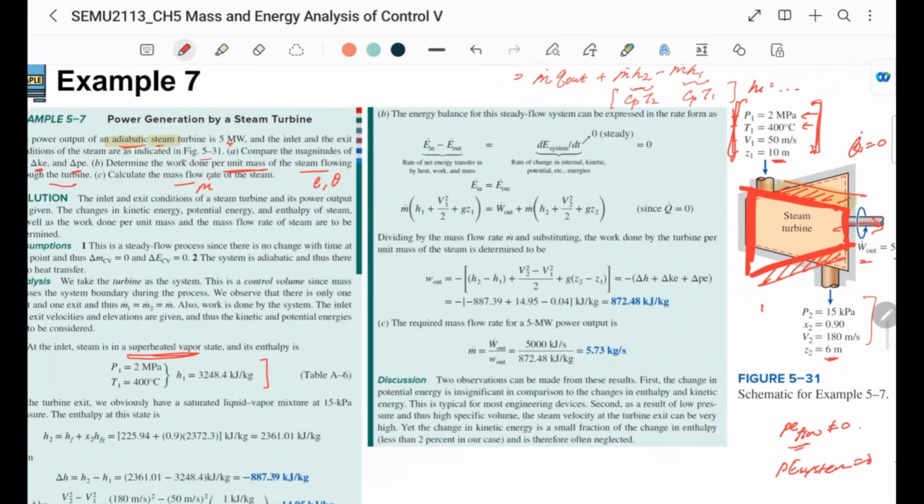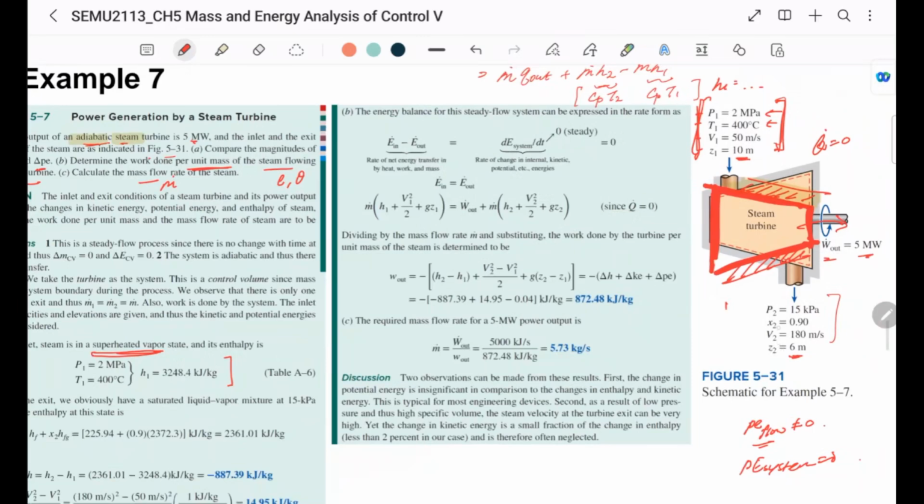For H2, you notice that the question says there is x equal to 0.9.